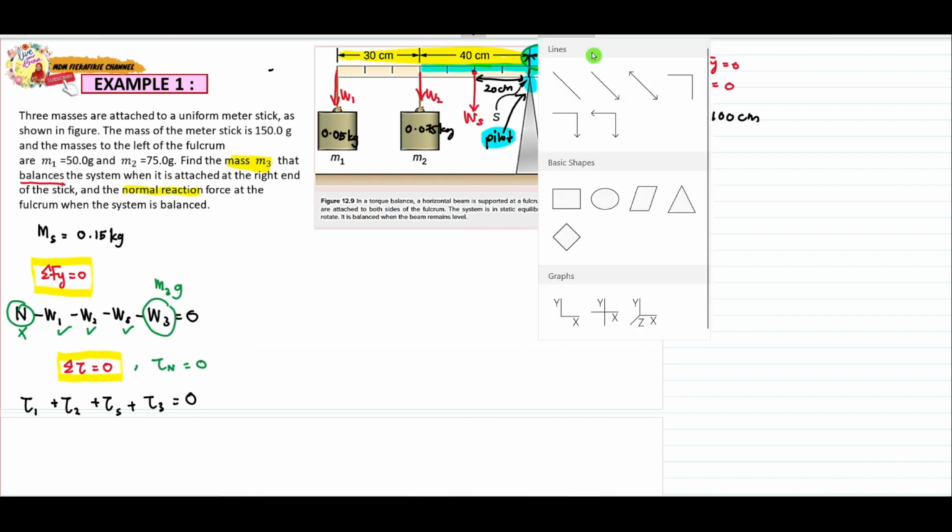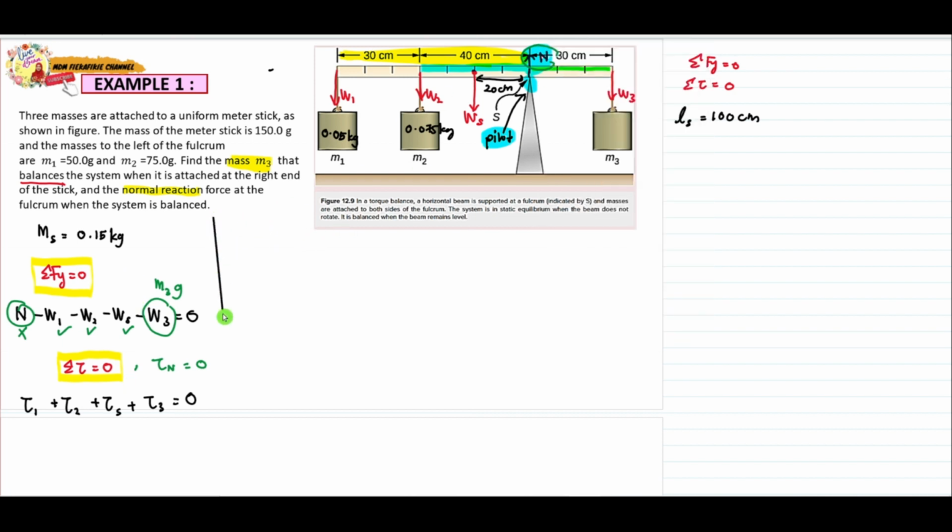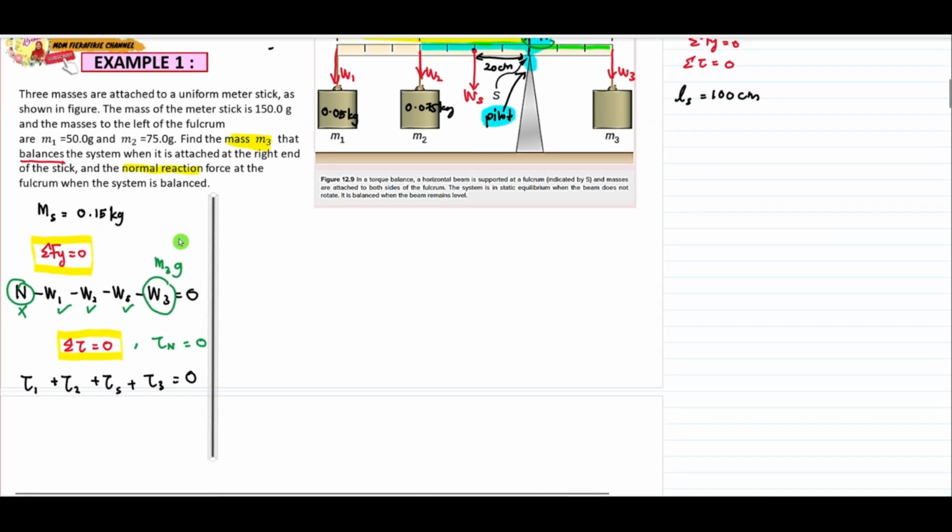So now, let's start with the first mass. Okay, so now mass 1. Alright. So this is the pivot point. If you can't imagine whether it is clockwise or anti-clockwise, you draw it like this. So this is the pivot point, going towards W1, and the direction of W1 should be the downward direction. And I will write R1.